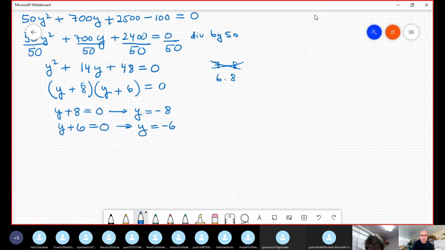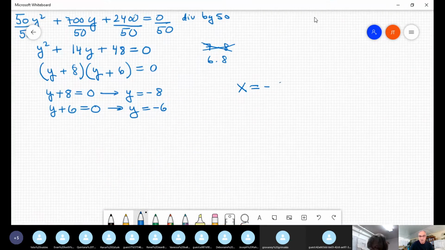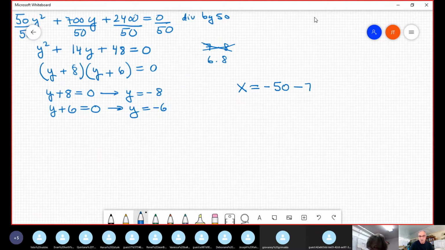Okay, so I copy: x is equal to minus 50 minus 7y, no? I use negative 8 first. So it's minus 50 plus, double minus becomes positive, 56. Answer is 6.